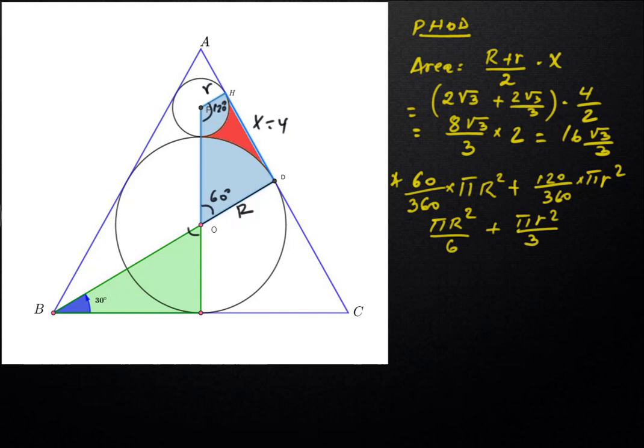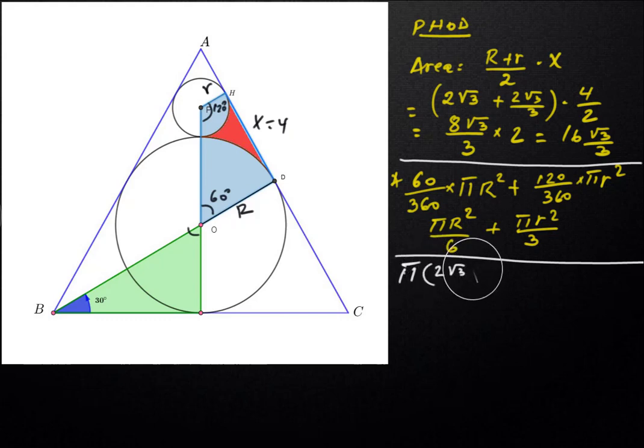So you can plug in the values. Pi times R squared is 2 square root of 3 squared all over 6, plus pi times 2 square root of 3 over 3 all squared, all divided by 3. So we do the calculations. Let's simplify this.